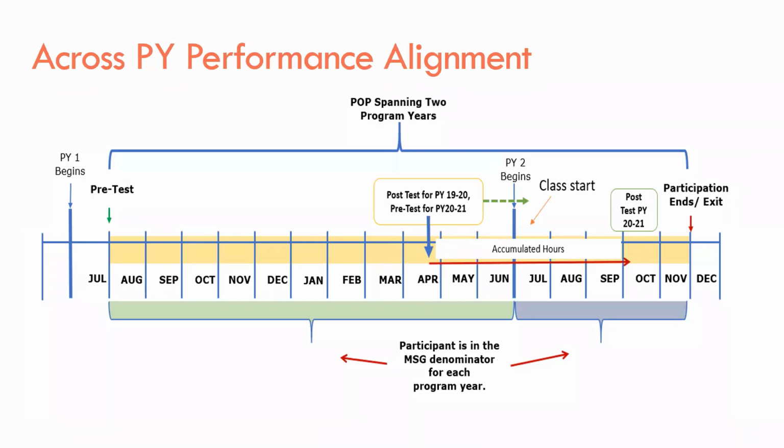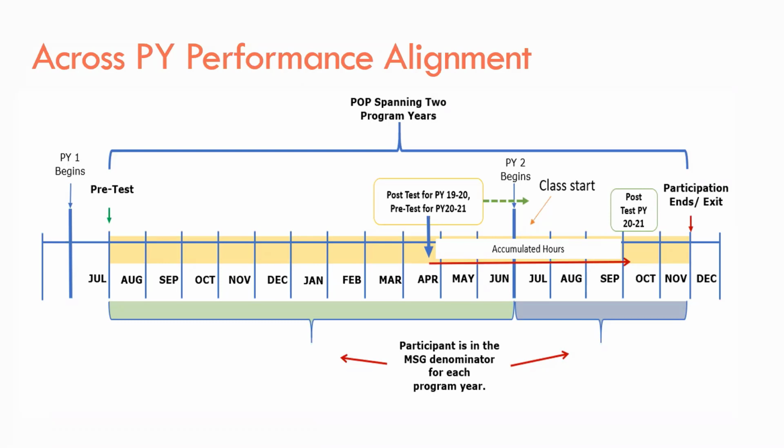What you see here is a period of participation for a student that crosses over two program years. The student begins their time with us in July and takes a pre-test. It could be a pre-test in all areas, on a TABE, on a CASAS, whatever test it was, but they take a pre-test in July.